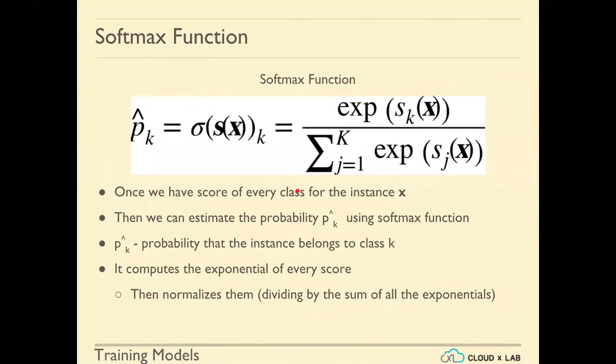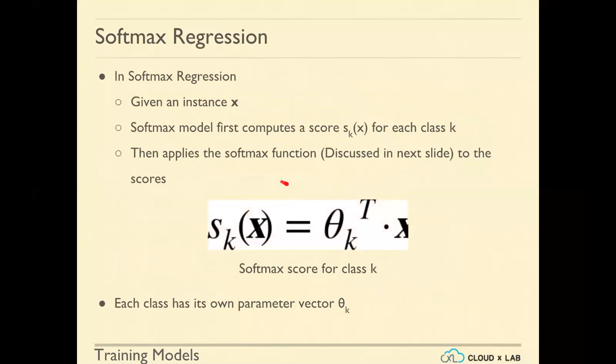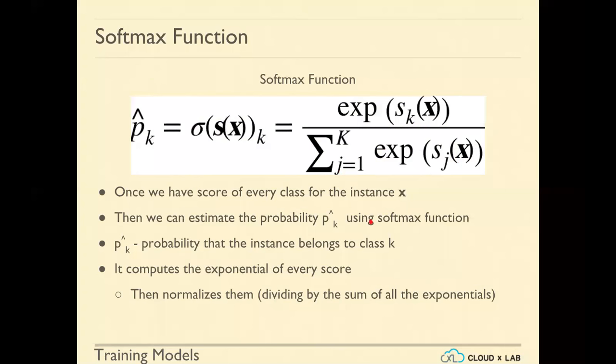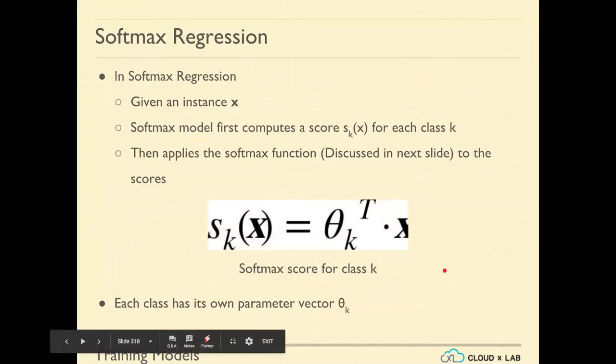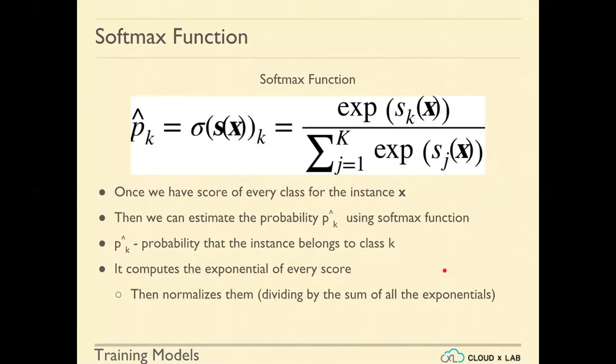Once we have the score for every class, we estimate the probability pk using the softmax function. So we are saying this value divided by the total value of all the classes. This is the probability of an instance being in the class K. So the probability that an instance belongs to the class K is this.